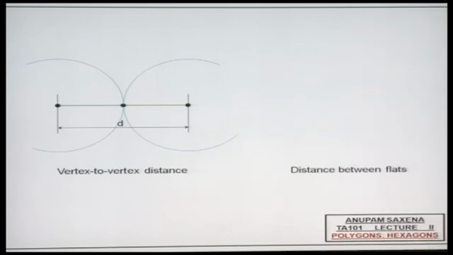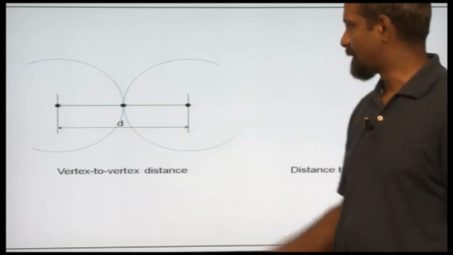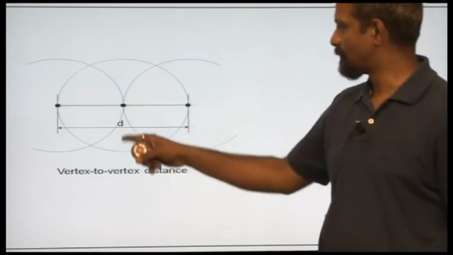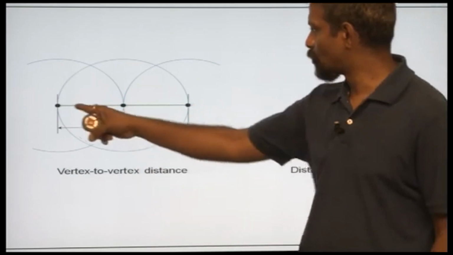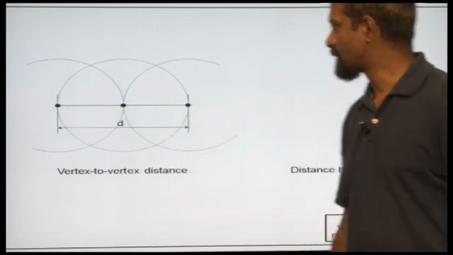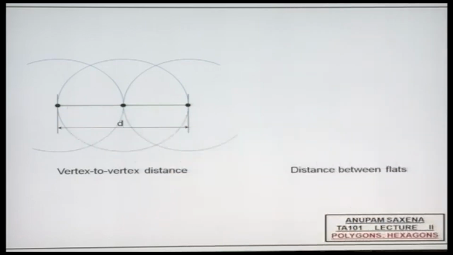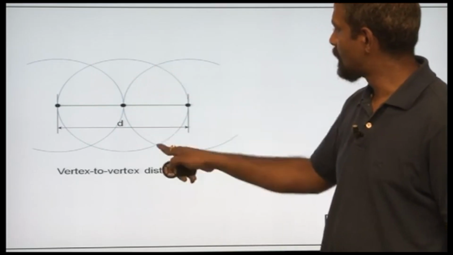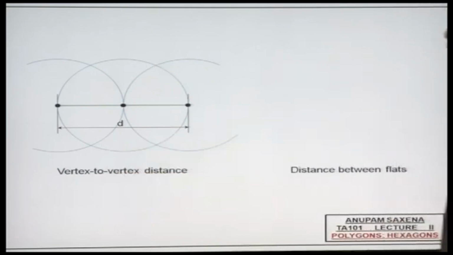And with this midpoint as center, I'll draw a full circle of radius d over 2. Essentially, this circle is going to be traversing through the endpoints of the edge. Okay, so focus on this intersection point, this one, and this one.